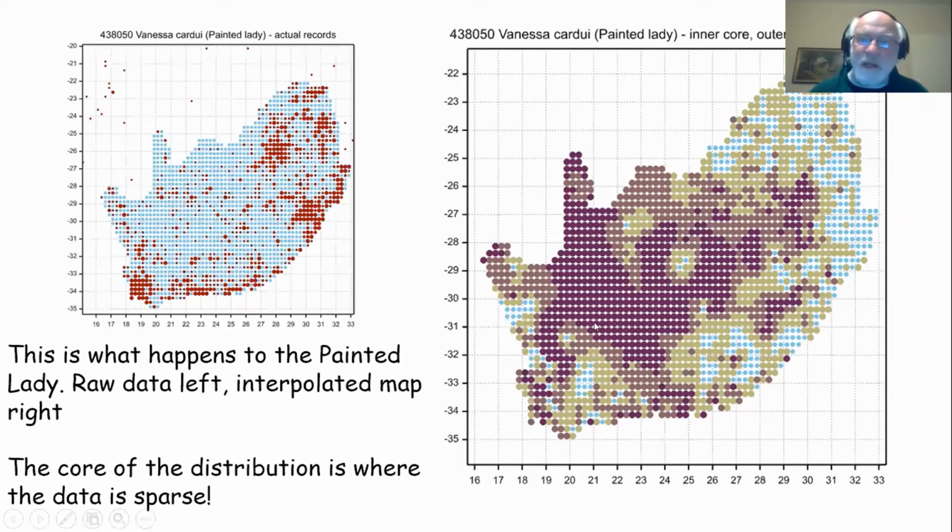But here in the Karoo, even though there's not much data, a high proportion of the butterflies that are seen are painted ladies. So with this method, it's telling us that the core of the distribution is where the data is sparse. So that's quite an unexpected and amazing result out of this approach.